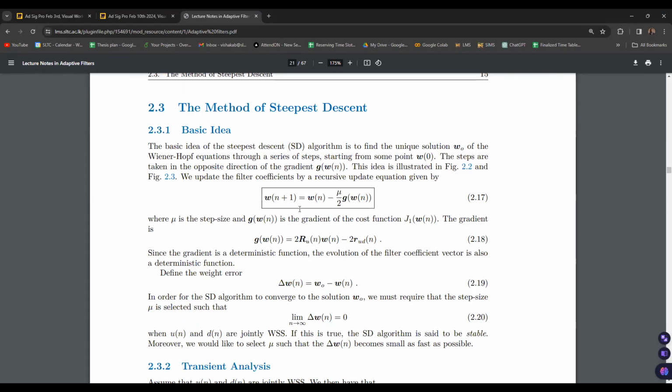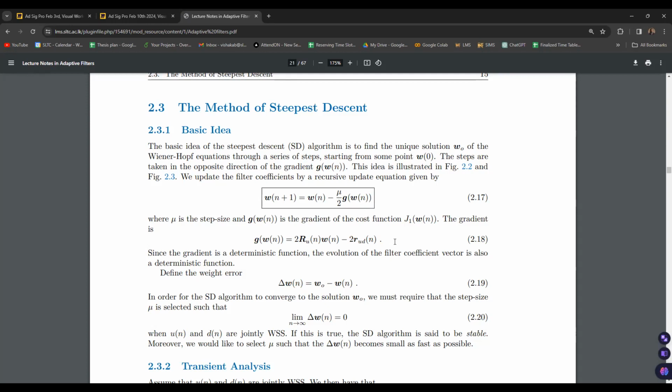The W or omega value is updated as the past values of the filter coefficients, plus mu over 2 times the gradient of the error function that we obtained earlier, right?